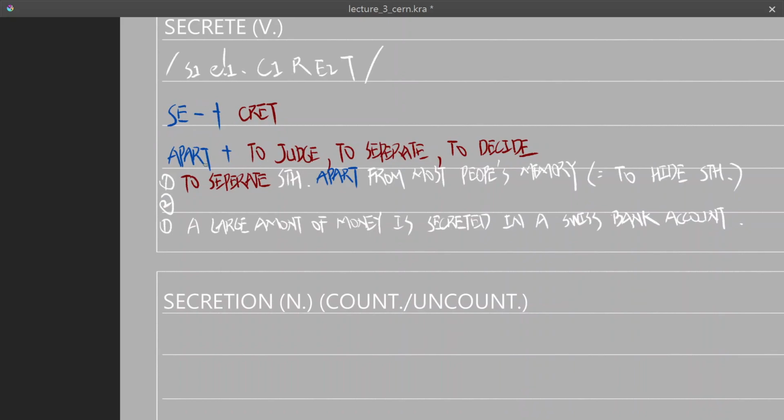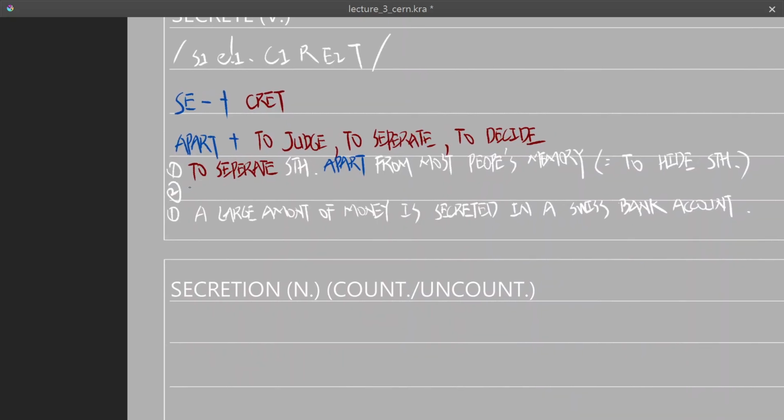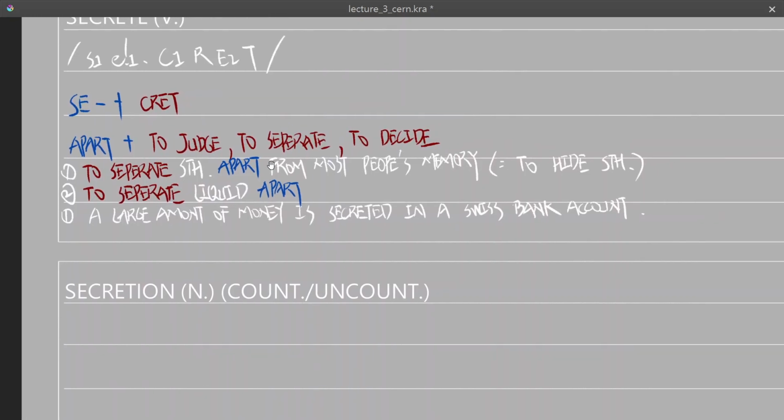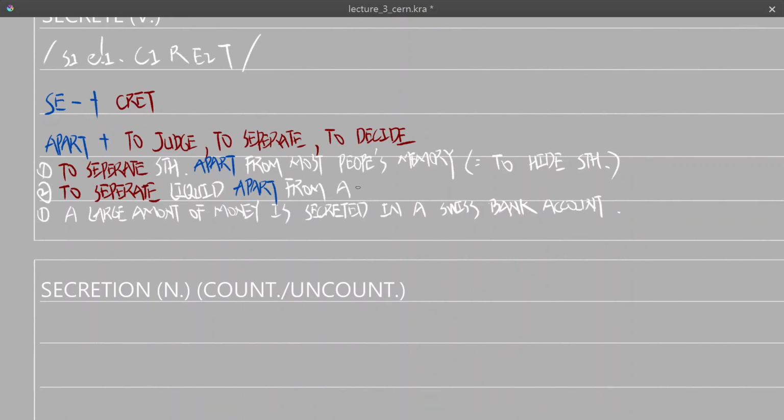And we have another meaning. Again, it's also to separate something. Number 2: separate what? It's very precise. Separate some kind of liquid apart from a person or animal.